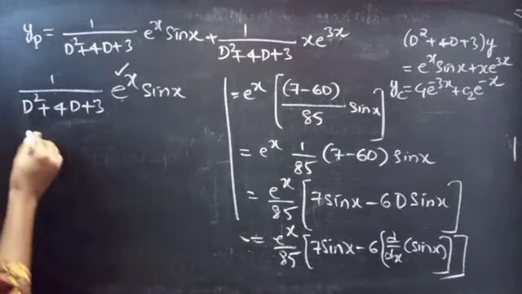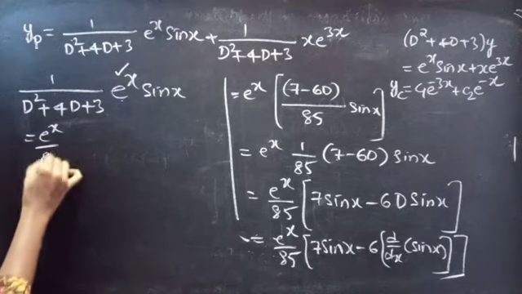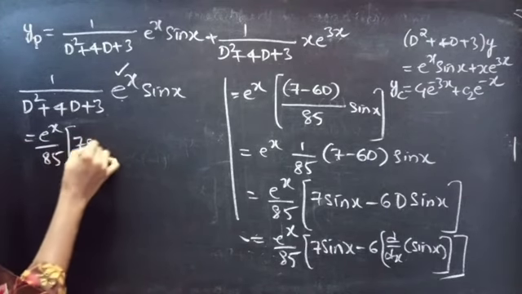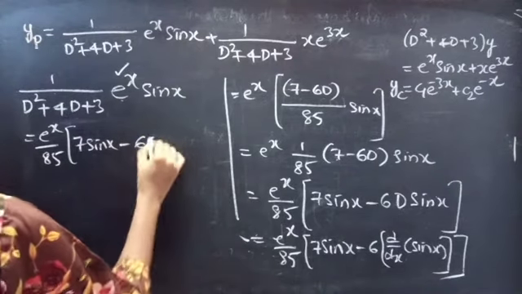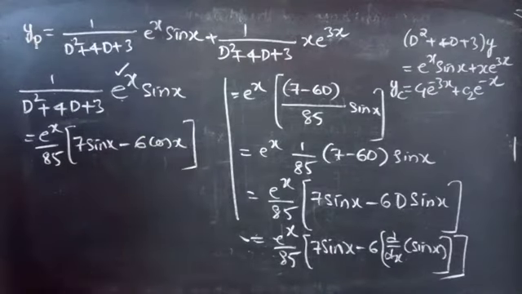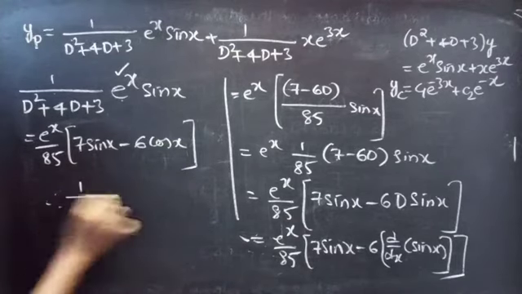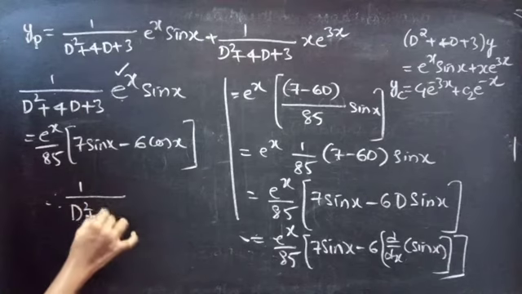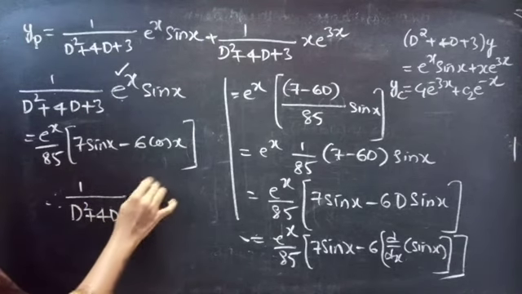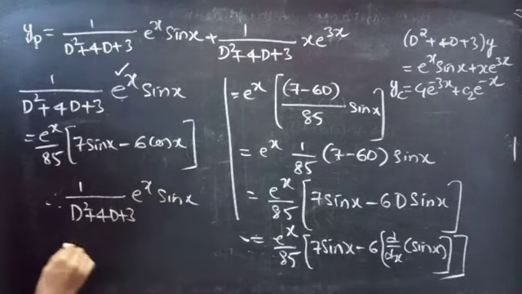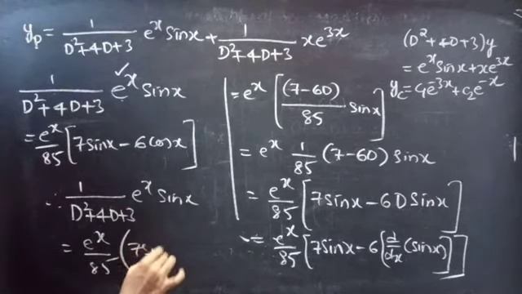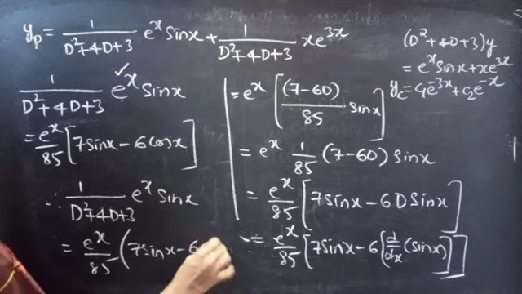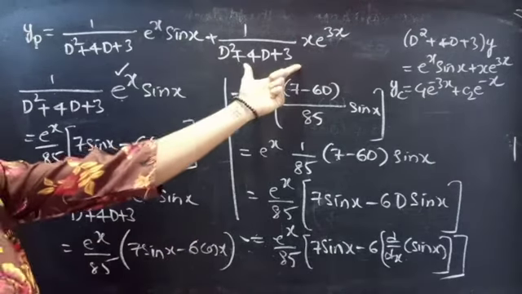So this becomes e power x by 85 into 7 sin x minus 6 into derivative of sin x, which is cos x. Therefore, 1 by d square plus 4d plus 3 into e power x sin x equals e power x by 85 into 7 sin x minus 6 cos x. Now let's find the second term of yp.